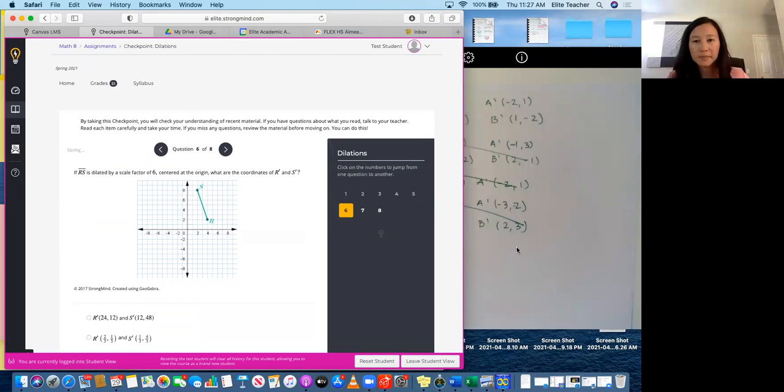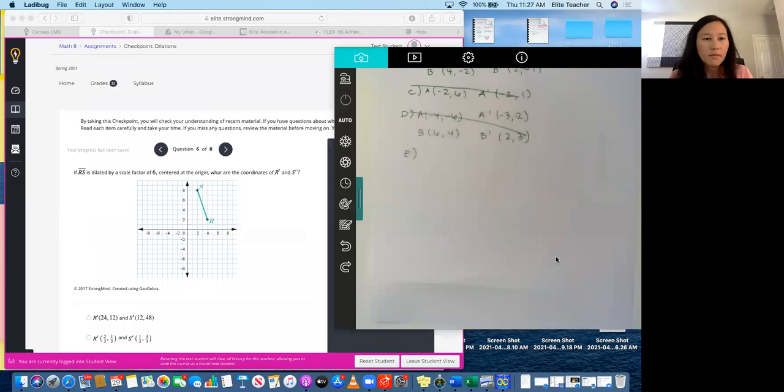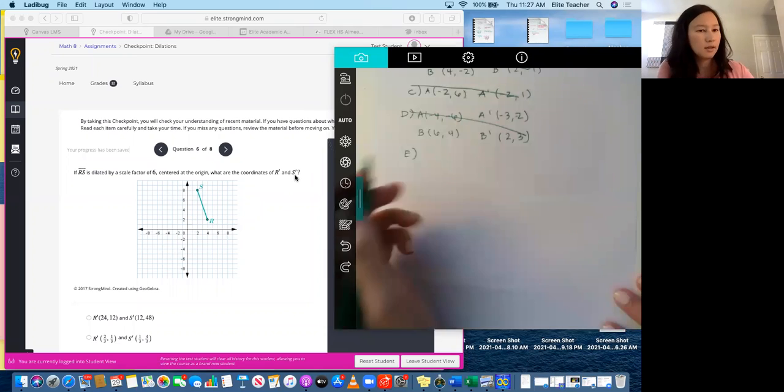All right. Number 6, we have line segment RS is dilated by a scale factor of 6 centered at the origin. What are the coordinates of R prime and S prime? So what am I going to do to find the R prime and S prime coordinates? Does anyone know?